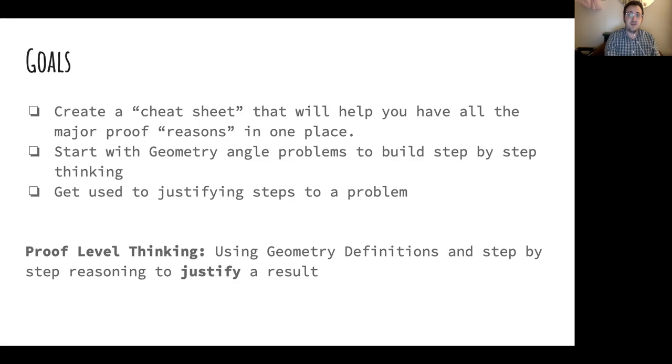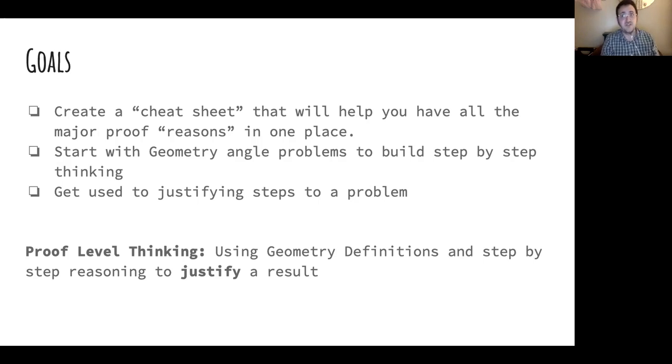And then we are going to start thinking about geometry angle problems by building a sort of step-by-step justification. What we want to work towards is using the geometric definitions strategically so that we can create this step-by-step reasoning that justifies some type of result in geometry.